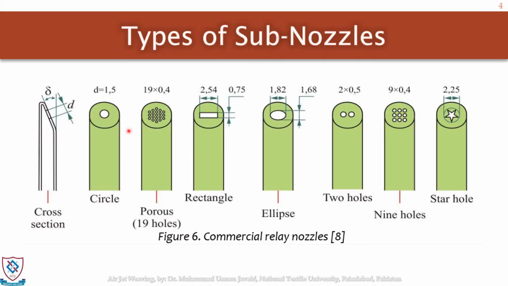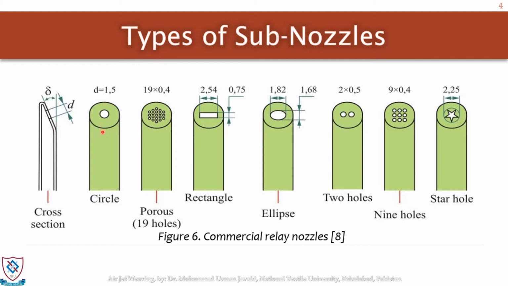Dear students, if we go through the literature and find out what different types of subnozzles there are, a number of nozzle possibilities are found in the literature. The nozzles have a tapered side which lets the pressure blow into the channel of the reed. You can find various possibilities for sub nozzles.